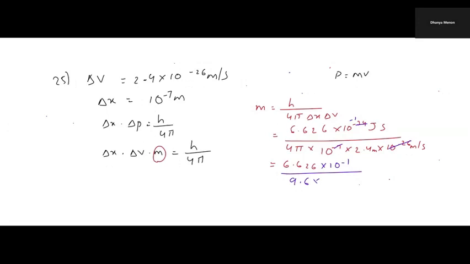The value of pi is 3.14. When we solve it, we get 0.0219 kg. Or if we want to make it into grams, 21.9 grams. Or if we want to make it into the nearest integer, we make it 22 grams.